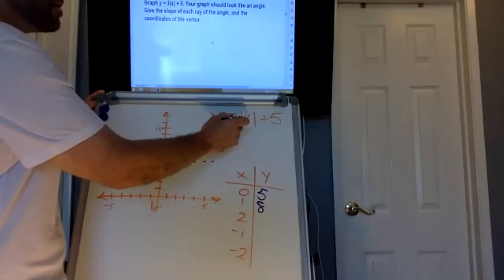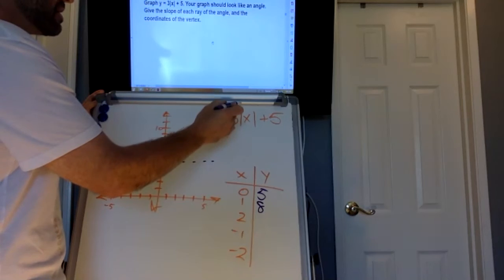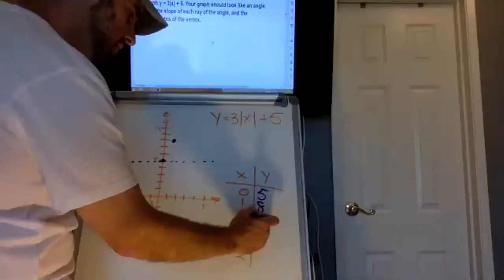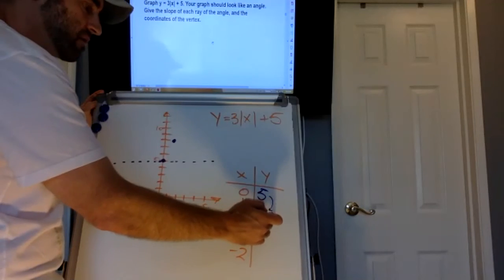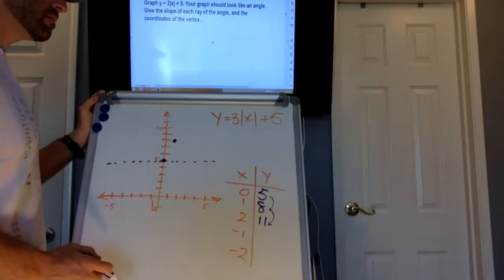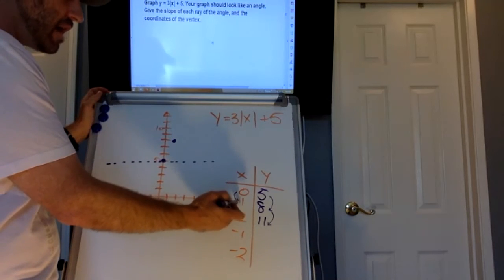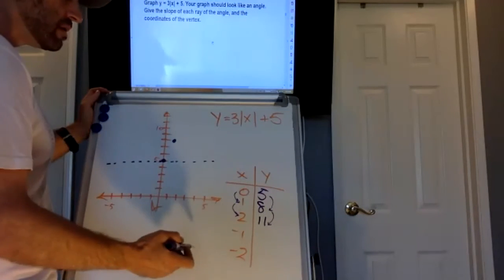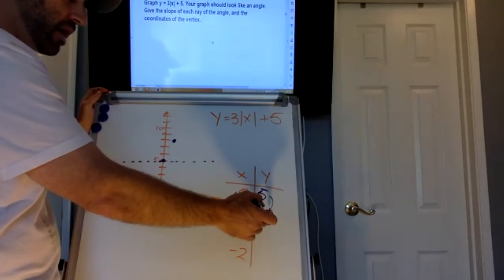The absolute value of 2 is 2. 2 times 3 is 6. 6 plus 5 is 11. Notice what's happening here. What are these increasing by? 3. 3 for every delta x of what? 1. Delta x is 1. Delta y then is 3.